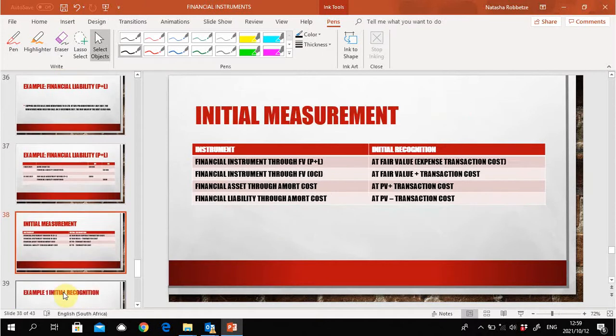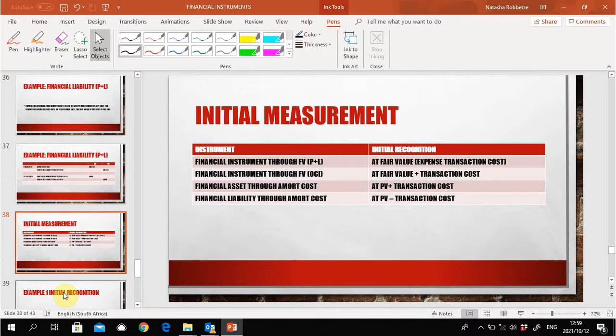Right, the last part, I just want to talk about initial measurement. So initial measurement is basically when we have a transaction cost that goes with our purchasing of or our issuance of a financial instrument. So you will often find when you buy a financial instrument, there's a fee that you have to pay.